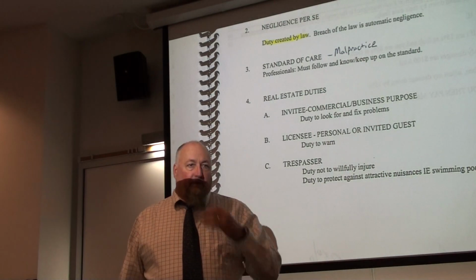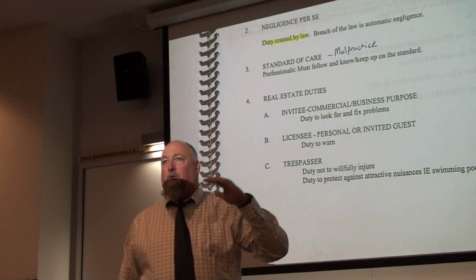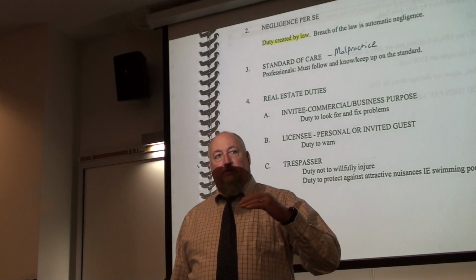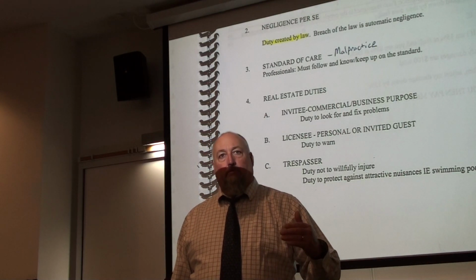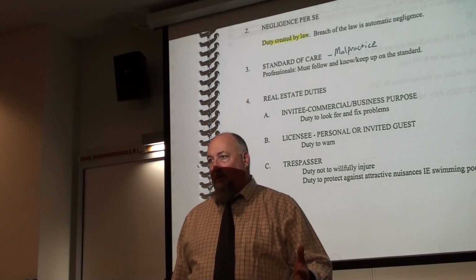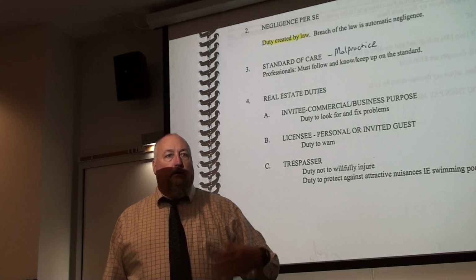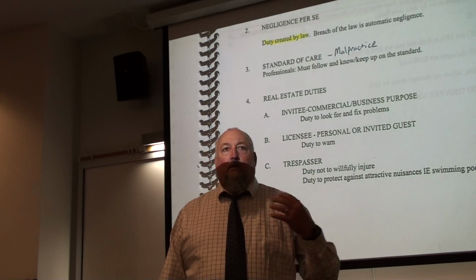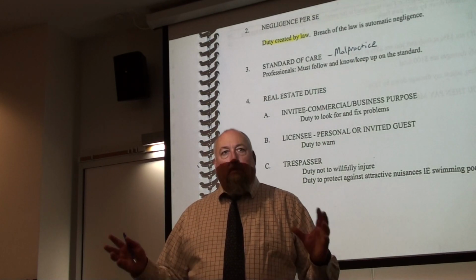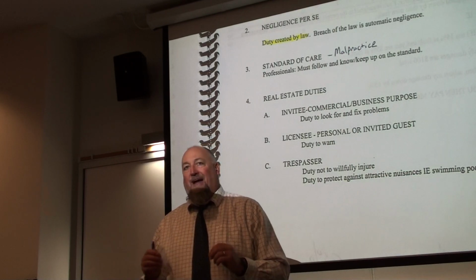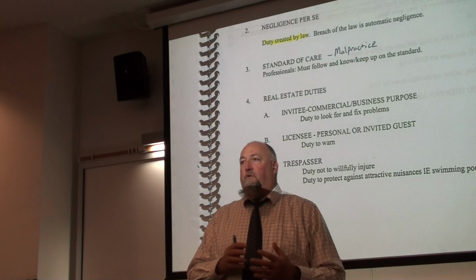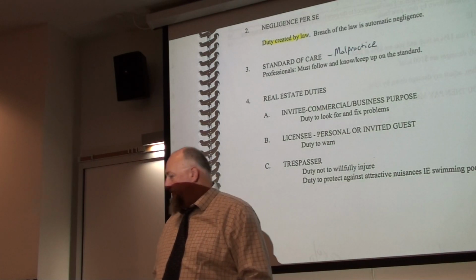Now this will basically break down into 3 general categories. And the first category is commercial activity on real estate. So a shopping mall, an office building, a public building, whatever. So the idea here is that's going to be the highest level of duty that you owe if you are in charge of that property.